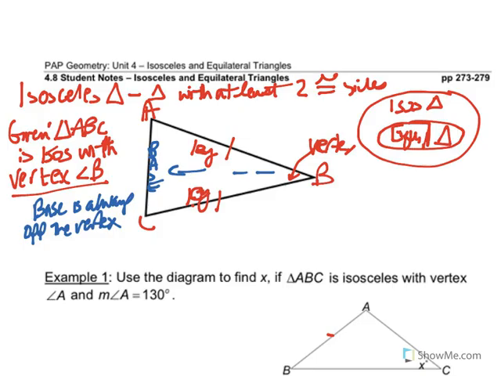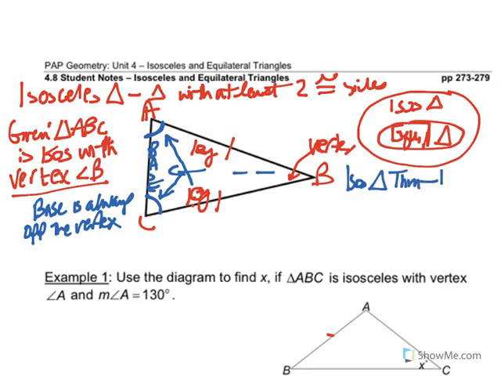Now, something that you may be starting to clue in on is the angles on isosceles triangles. If these two legs are the same, you may have begun to recognize that these angles are also going to be congruent. So the angles that are opposite the legs are going to be congruent. We have a little theorem that states that, and it's the isosceles triangle theorem.